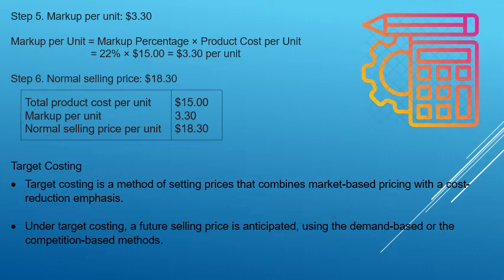Product cost rather than actual cost may be used in computing the markup. So we should take note that the management should be careful when using estimated or standard costs in applying the cost-plus approach.